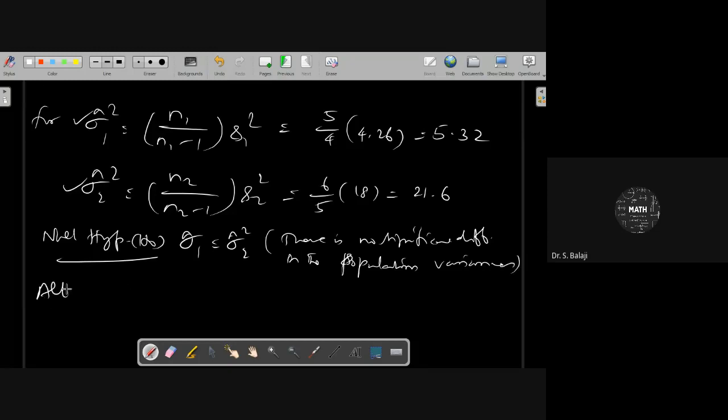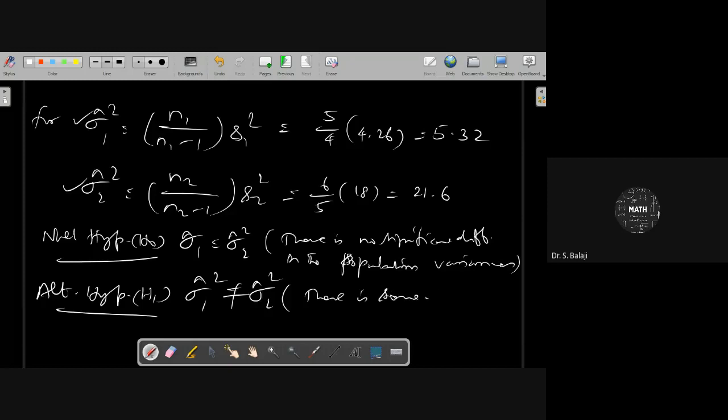Alternative hypothesis H1: sigma 1 cap square not equal to sigma 2 cap square, there is some significant difference in the population variances.